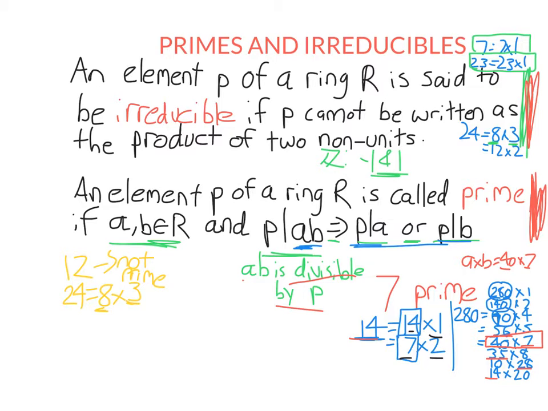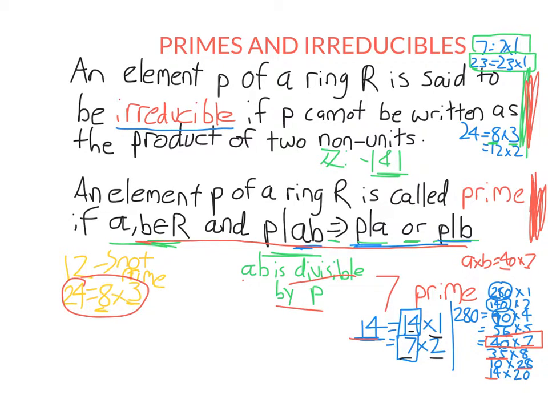It's actually quite simple to prove a number is not prime using this definition, because you only need to find one counterexample, like I did there. You only need to find one example where this does not hold to prove the number's not prime, but it's much harder to prove that it is prime. So that's why your teachers will have gone with this definition of irreducible.